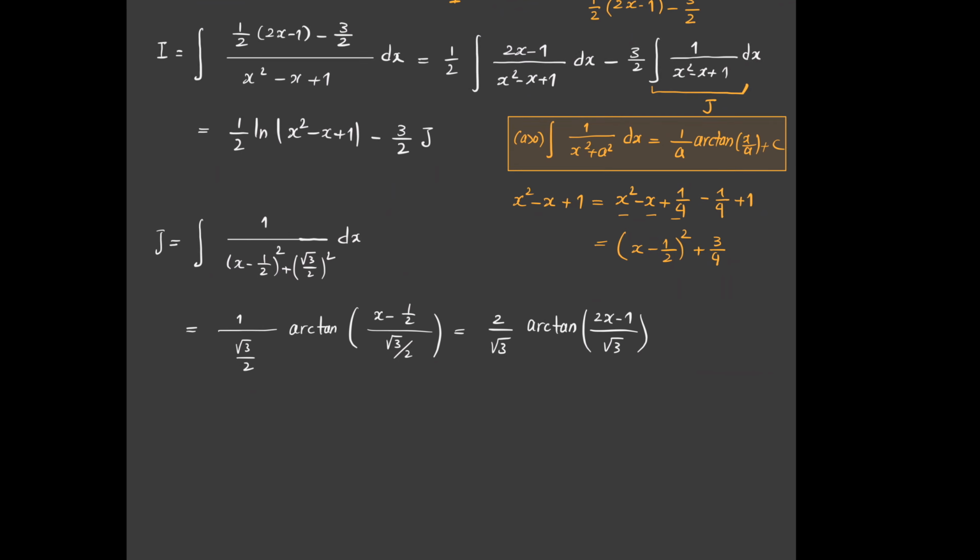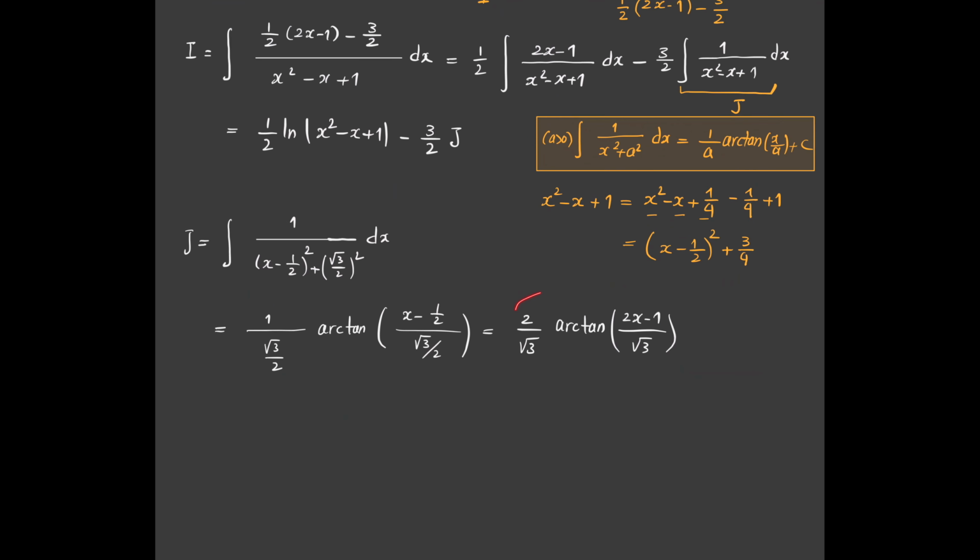Okay, so now I have my J integral, and I have this one. I combine them, I get my I. But remember, when I want to calculate this multiplied here, I have to put a 3 over 2 here. This 2 and that 2 are cancelled. 3 over square root of 3 is just square root of 3.